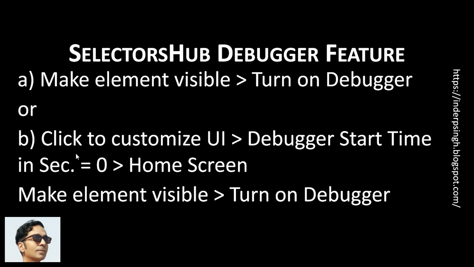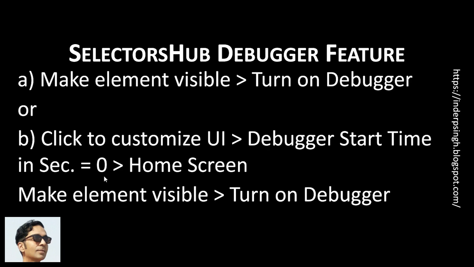Now it is also possible that the website that you are writing the test automation for, in the default 5 seconds debugger time, the web element has already disappeared. Still, you can use the SelectorsHub tool to find the XPath or CSS selector in Selenium WebDriver or other tools. So what you need to do is just click on this icon whose tooltip is click to customize the UI, and there you will find debugger start time, and it is possible to change it to 0.